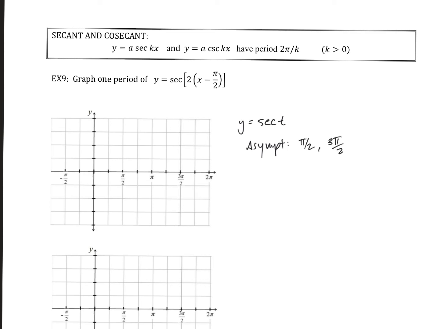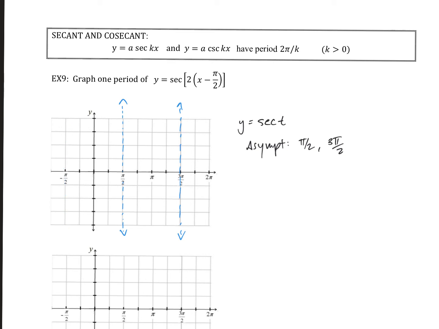Once again, there are many different periods of all of these trigonometric functions, but these are the main ones that we usually use. These are the ones that I'll expect you to graph. Once again, if you recall, there is another asymptote at negative pi over 2, but we are not going to be using that because we're only using one period.